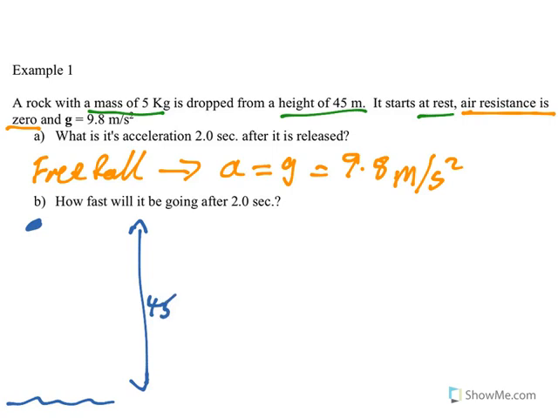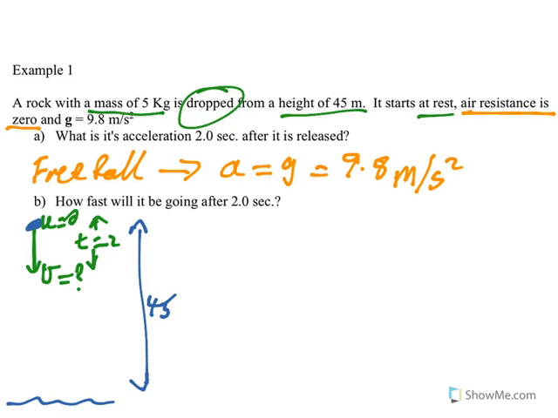And if we drop it, then it falls down, and what we want to know is how fast it's going to be going there, and what we know is that the time between there and there is equal to 2 seconds. All right, so if it's dropped, then its initial velocity would be equal to 0.